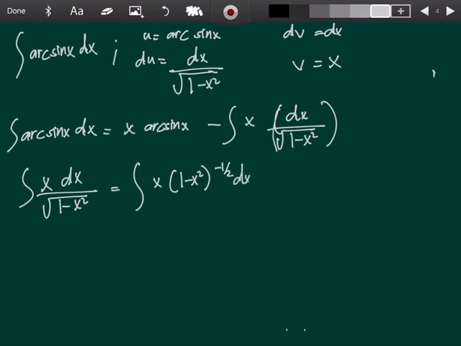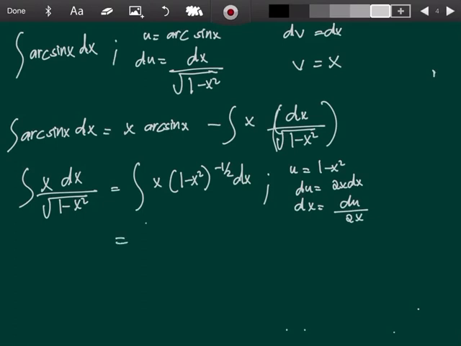Tama? So, by method of substitution, u natin is 1 minus x squared at ang du natin ay 2x dx. So, dito, ang dx natin ay du over 2x. So, gawin natin. Tama?